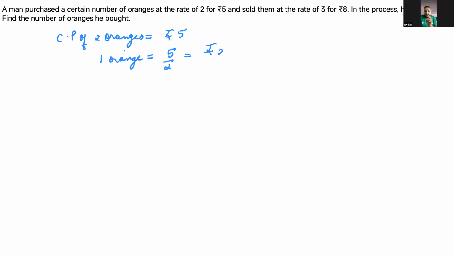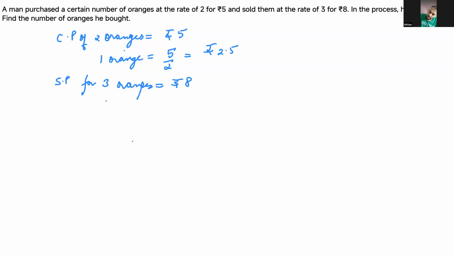So it means that he buys one orange for 2.5. Okay. Now what is the selling price? So selling price for three oranges is rupees 8.